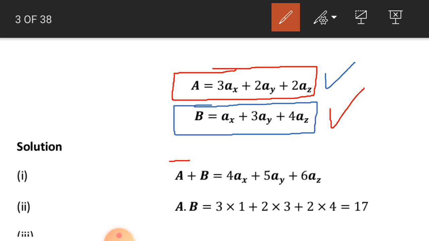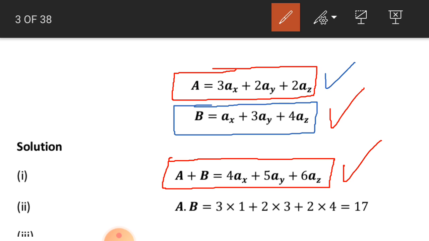So we calculate the sum of these two vectors. We know that the addition of two or more than two vectors results in a new vector quantity, and vector addition obeys commutative law.